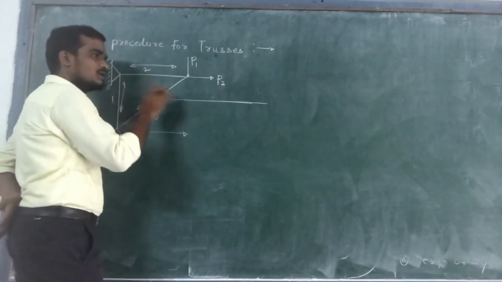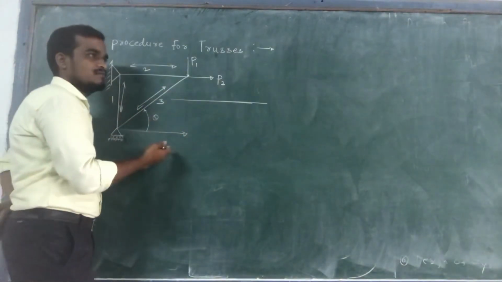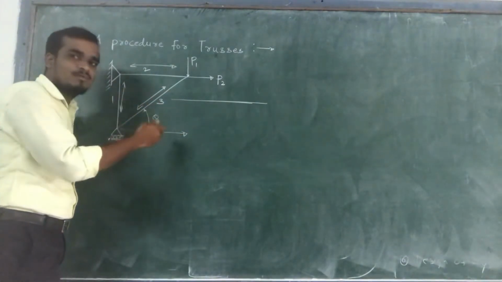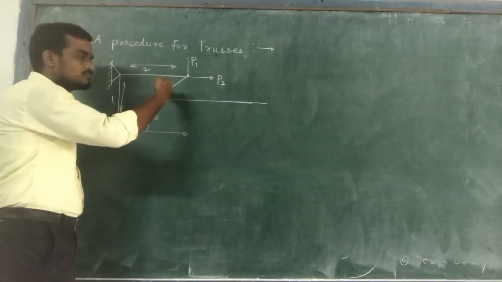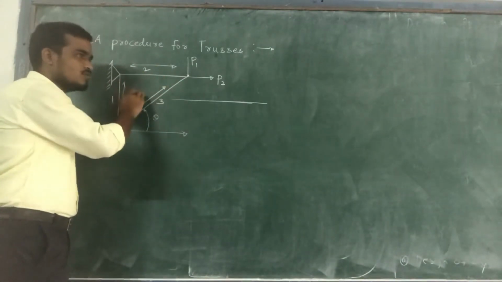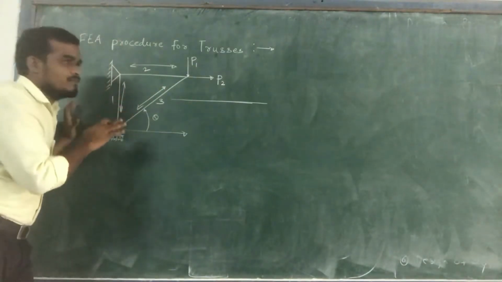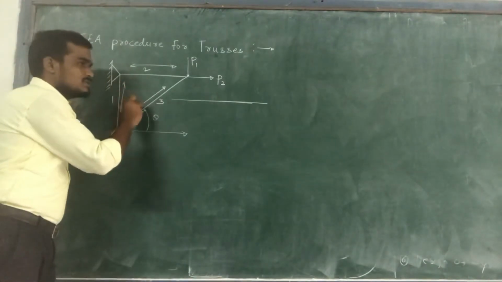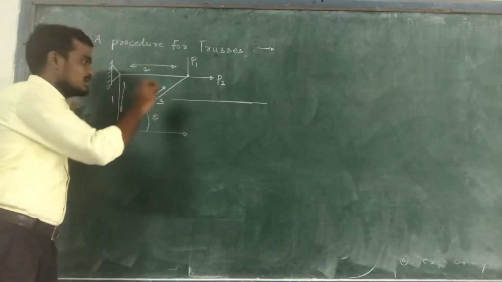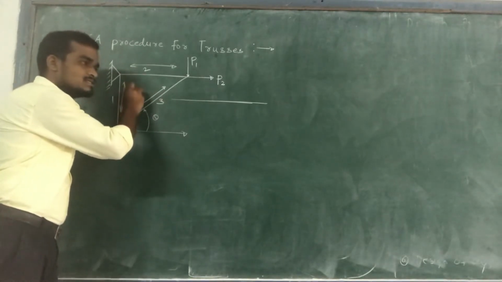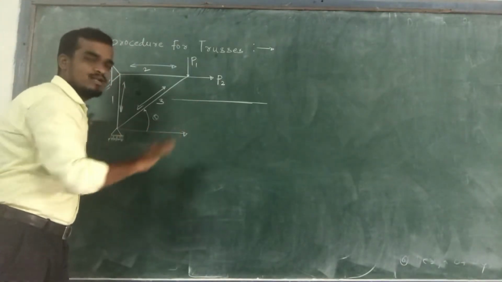So we need to take a reference coordinate system, which is known as the global coordinate system. This is your local coordinate system. We need to convert this problem into the global coordinate system, because all members have different axial directions, so we convert these axial directions into one global coordinate system.